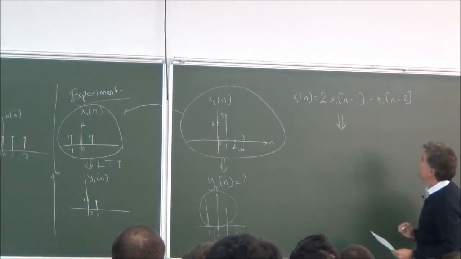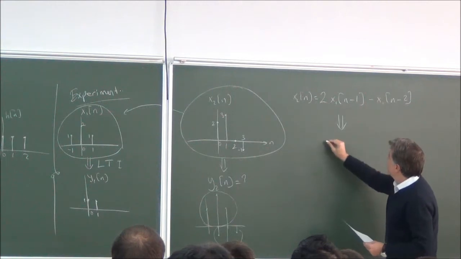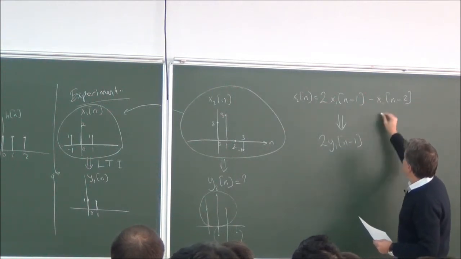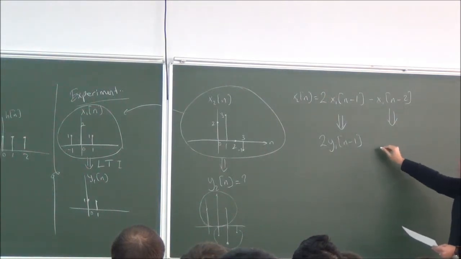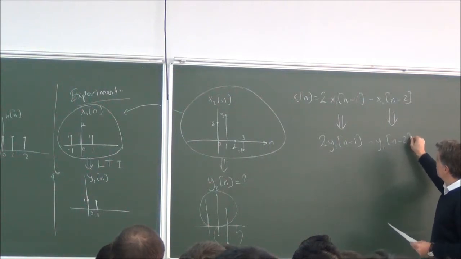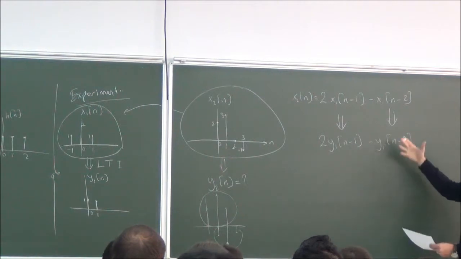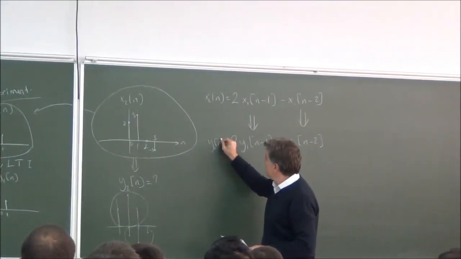So what I claim is, to this particular portion, the output is 2y1 n minus 1. And to this particular input, the output is minus y1 n minus 2. And since I combine the inputs, the outputs are also combined to obtain y2 of n.